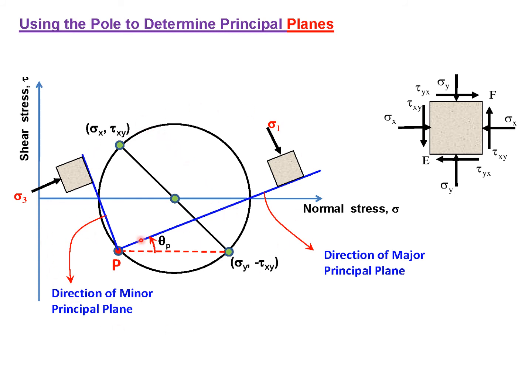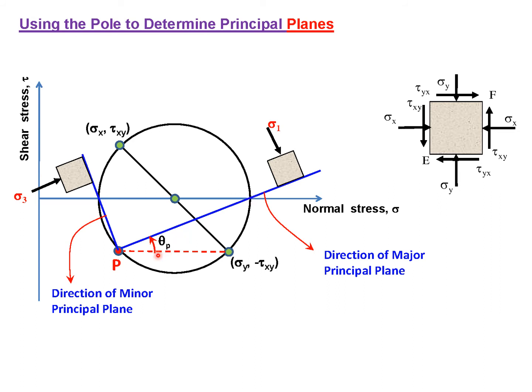Now, when you have located the pole, from this pole just draw a line passing through this particular point, because this point is giving you the value of sigma 3. And from the same pole, draw this line which is passing through this particular point, because this is representing sigma 1.